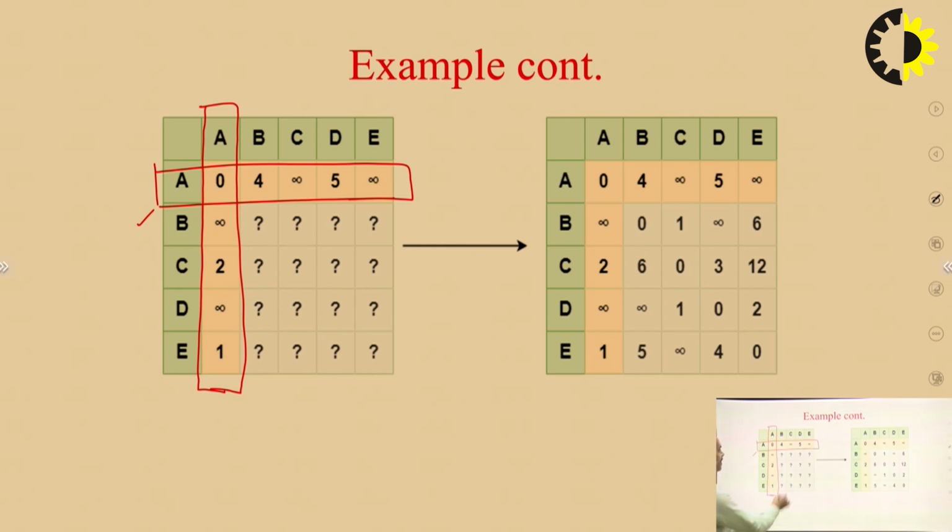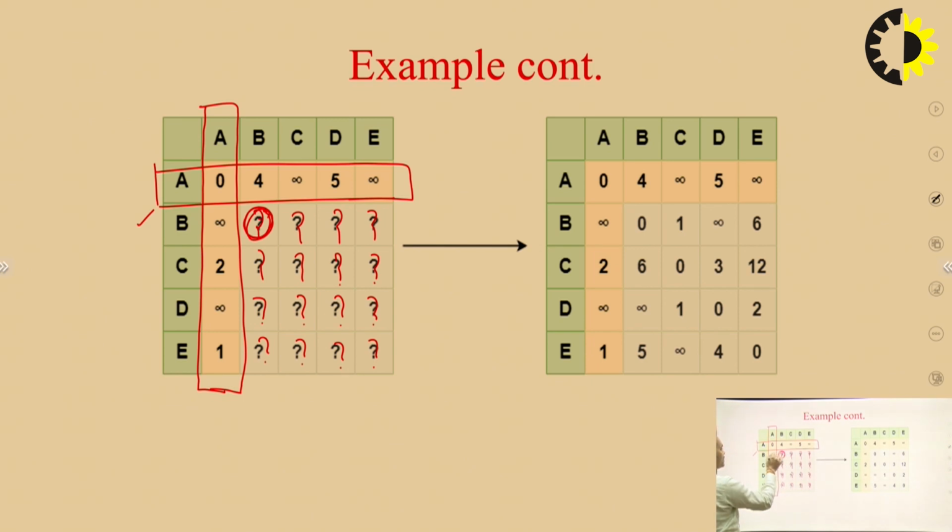Then we have to find the value of this cell. And how is this value found? This is a logical or mathematical calculation by using the distance formula which is discussed in the algorithm. This is the position for which we have to find the value. By using previous data, we want to find this value.